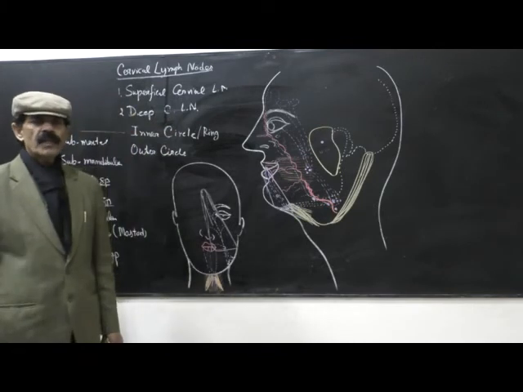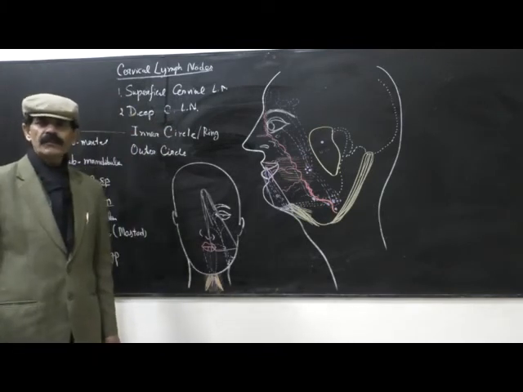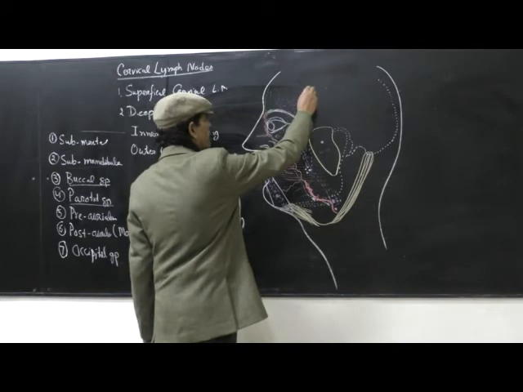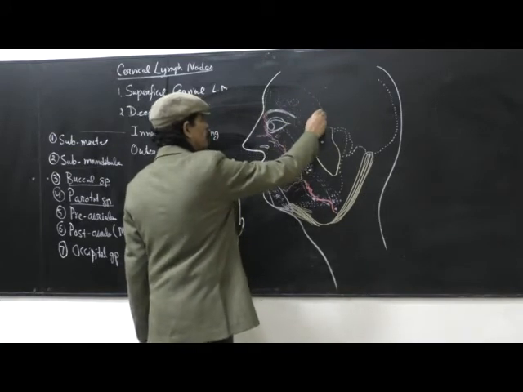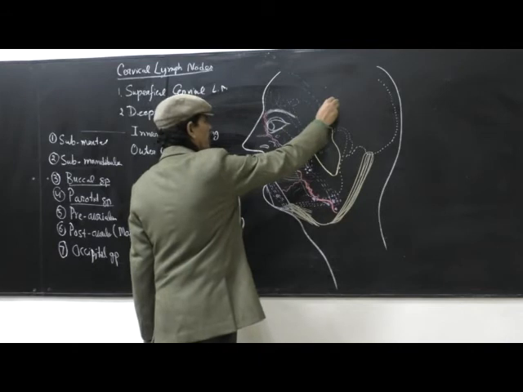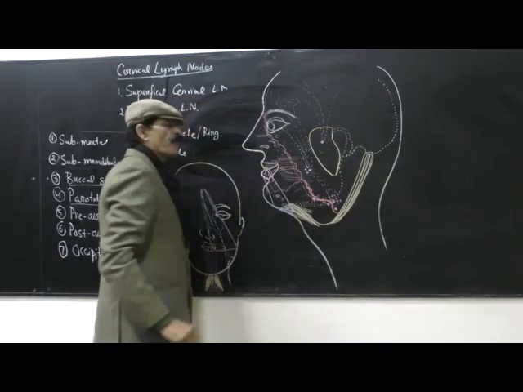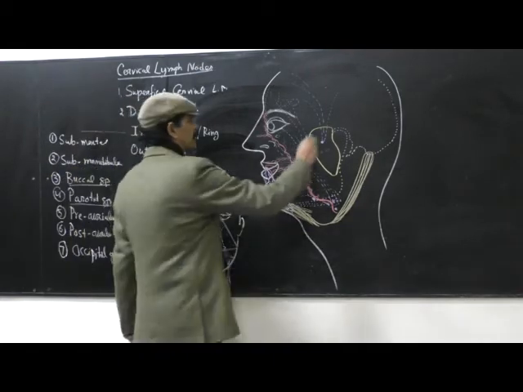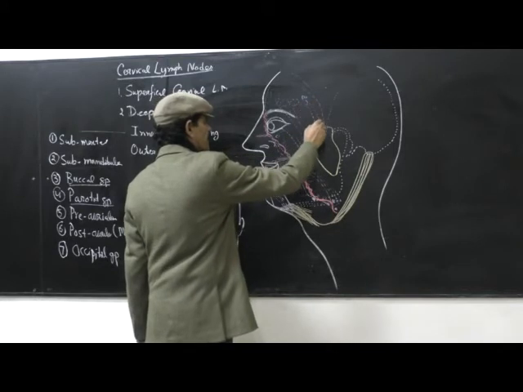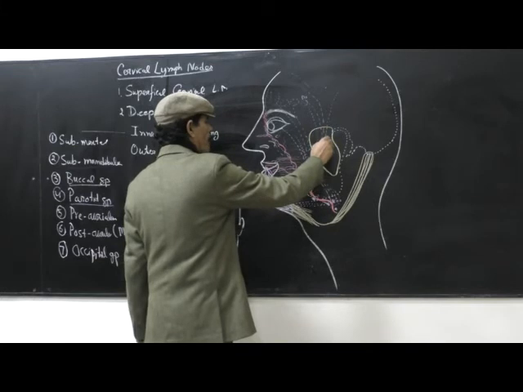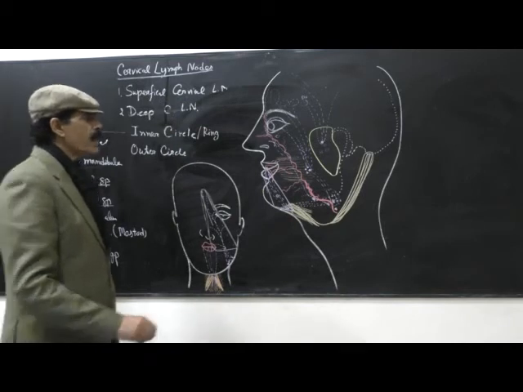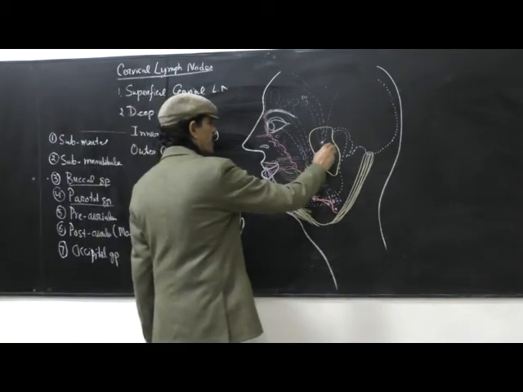And the afferents of the parotid group of lymph nodes come from the skin of the upper part of the forehead, then the area of the temporal region, then the posterior ethmoidal air sinus is also draining into the superficial and the deep parotid lymph nodes.